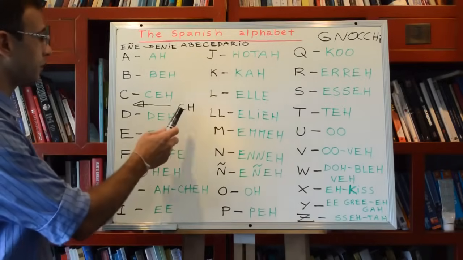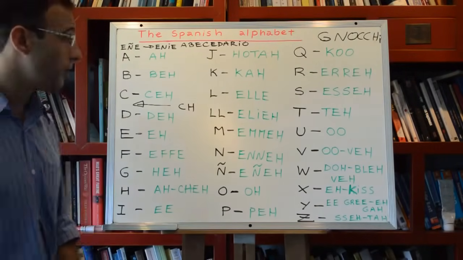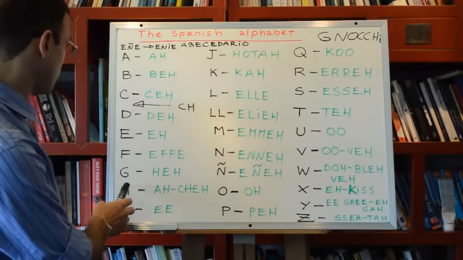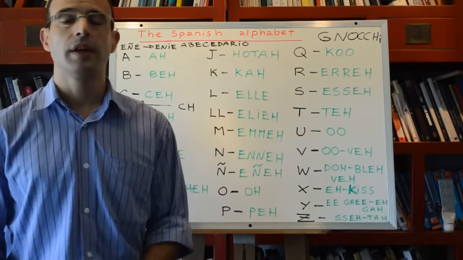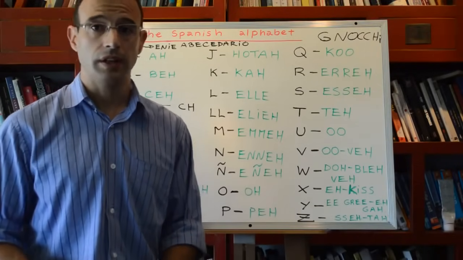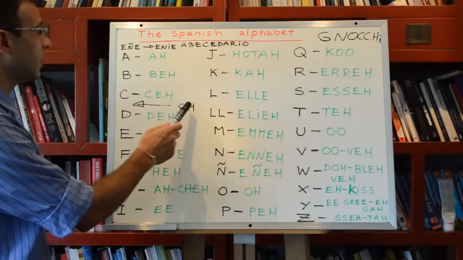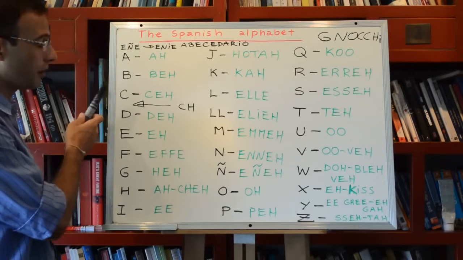Why? Because CH has a unique and independent sound different to C and to H. Therefore, for a long time, the Real Academia Española, the institute that officially determines what is Spanish and what is not, had decided that the letter che would be part of our alphabet after the letter C.